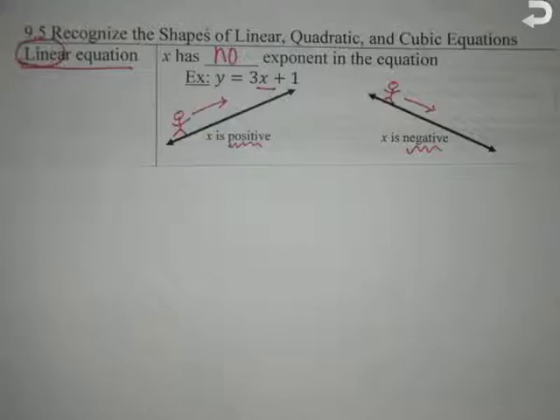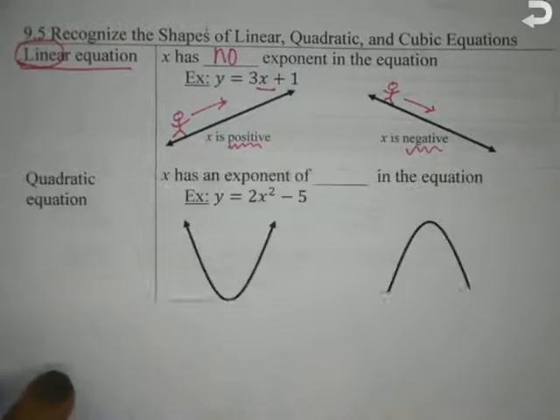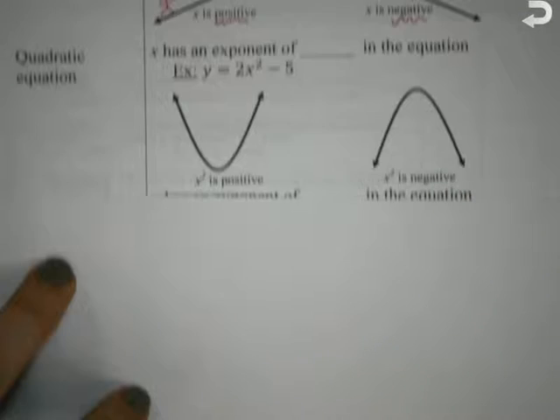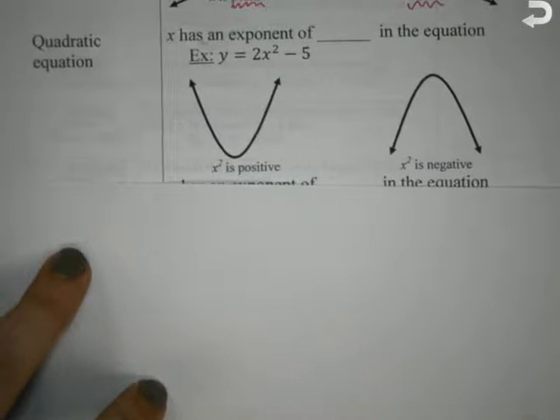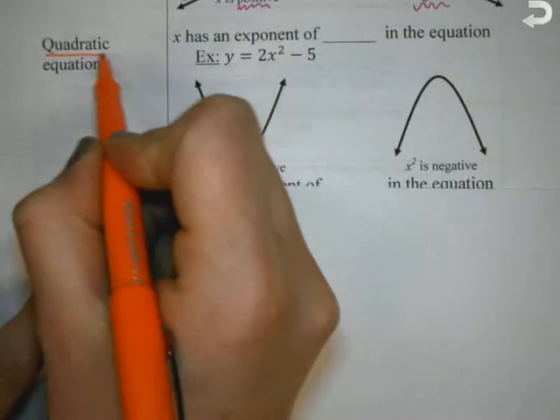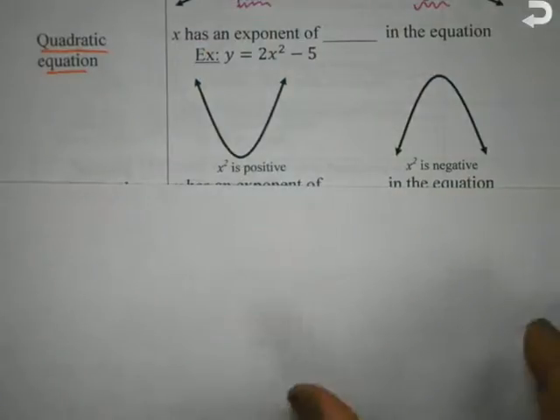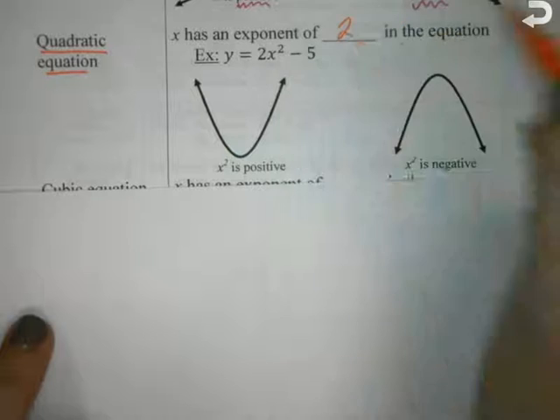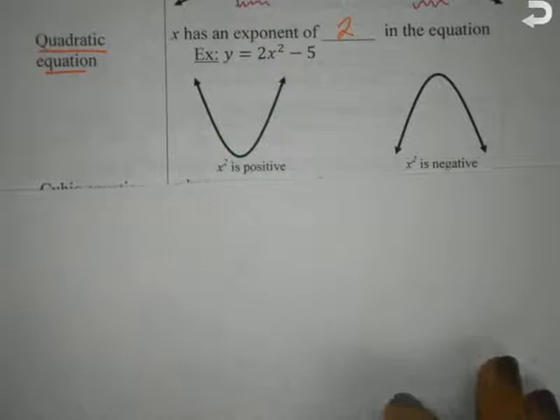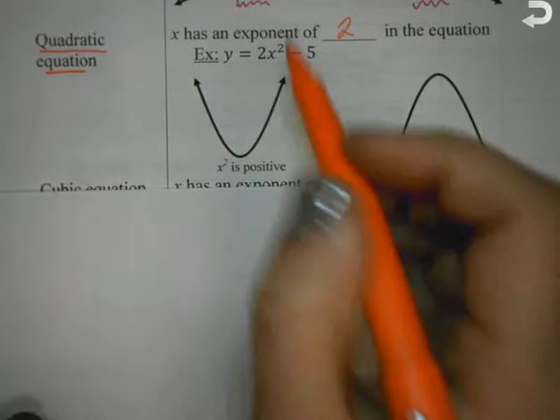What about a new type of graph? It is called a quadratic. Oh my gosh, that's fancy. In a quadratic equation, x has an exponent of 2. For example, y equals 2x squared minus 5.